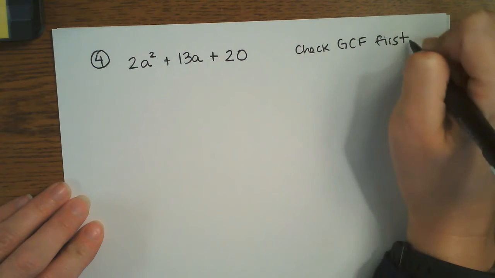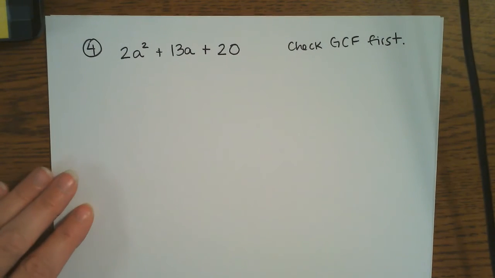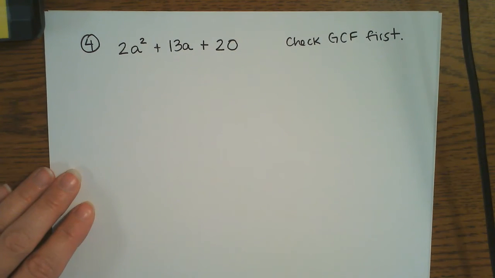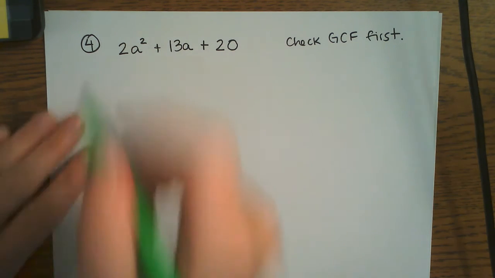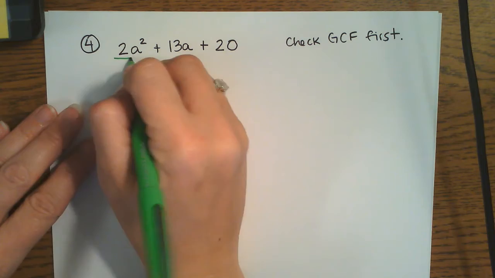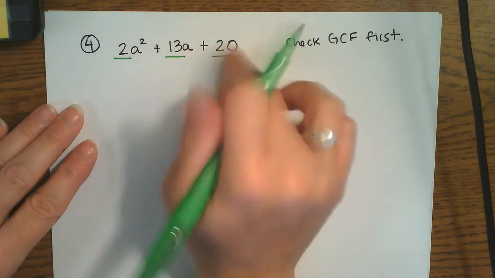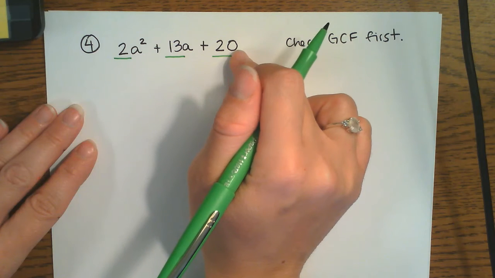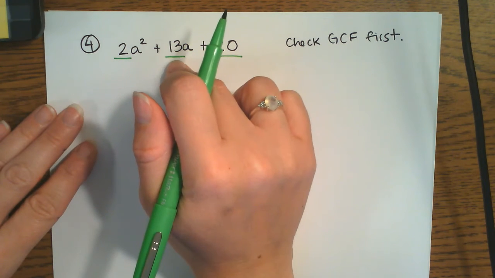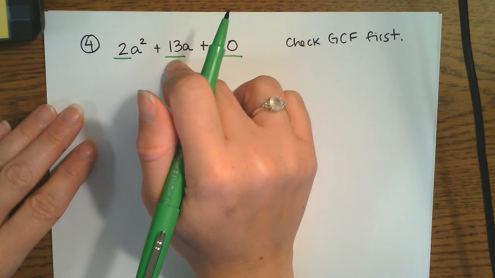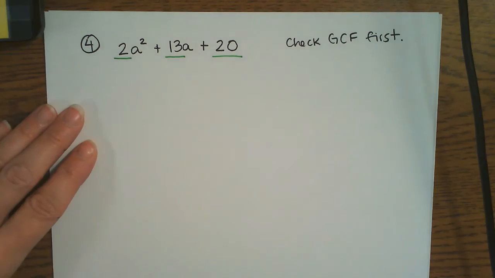I'll show you one problem with a greatest common factor in the trinomial in just a second. It really doesn't take a lot, you just eyeball it. I've got a 2, a 13, and a 20. So 2 and 20, I could divide both of those by 2, but I can't divide 13 by 2. So there is no common factor in this trinomial.